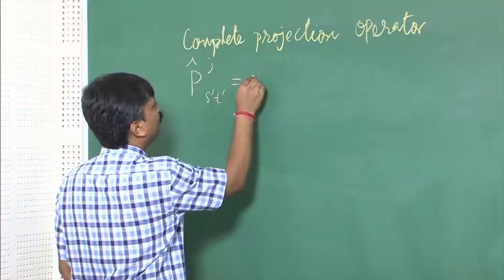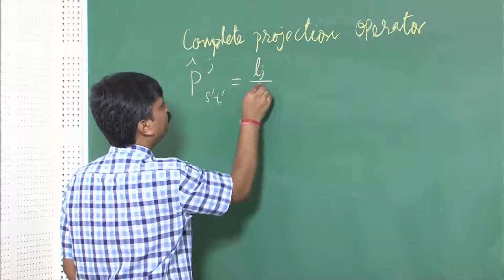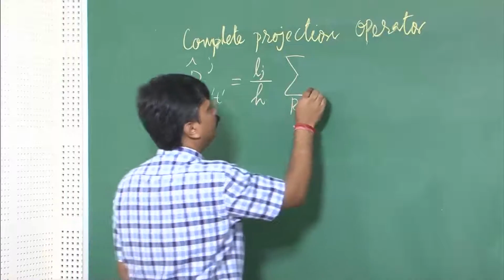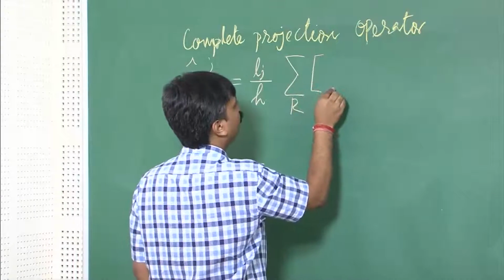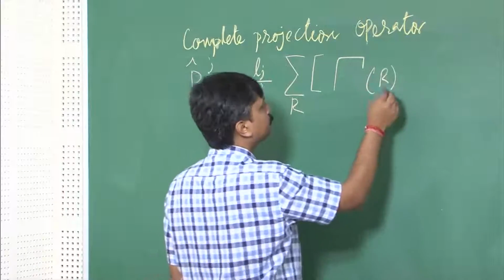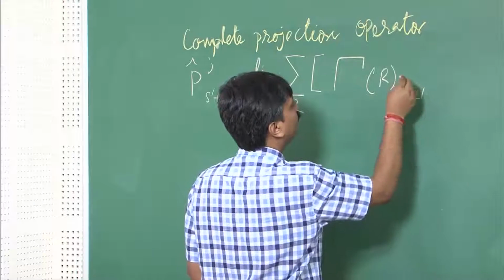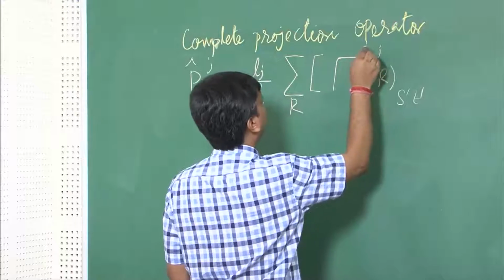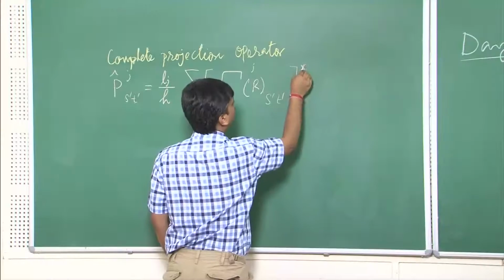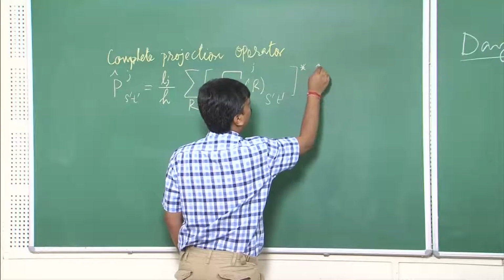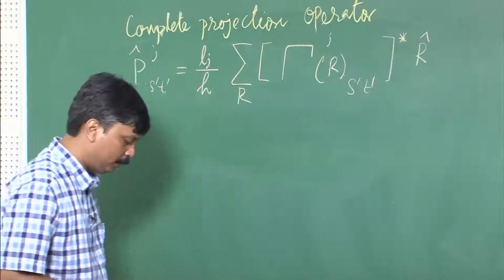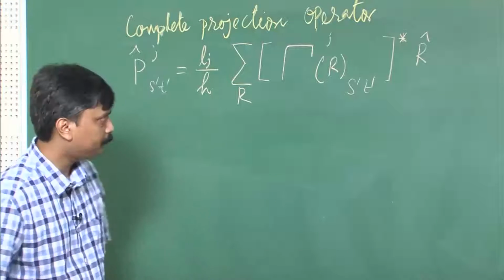So what we got there is this, the sum over R for the matrix elements S prime T prime for a particular irreducible representation J over all the symmetry operations. So that was the complete symmetry projection operator, because it deals with all the matrix elements, right?